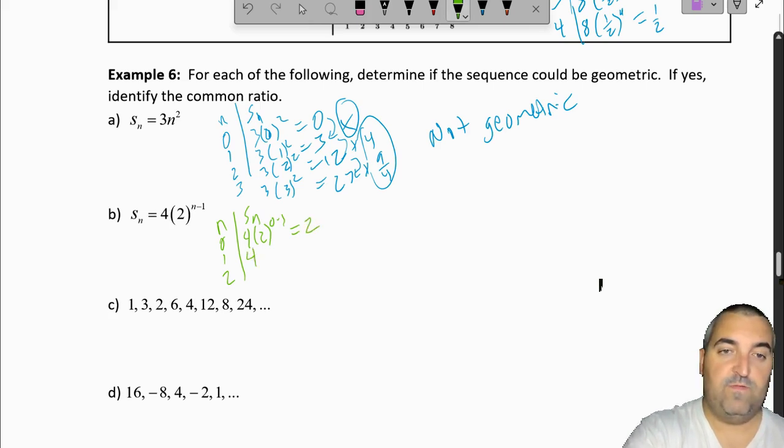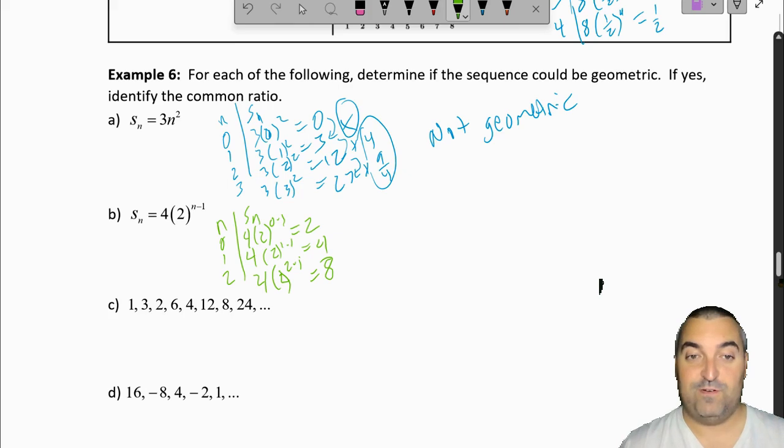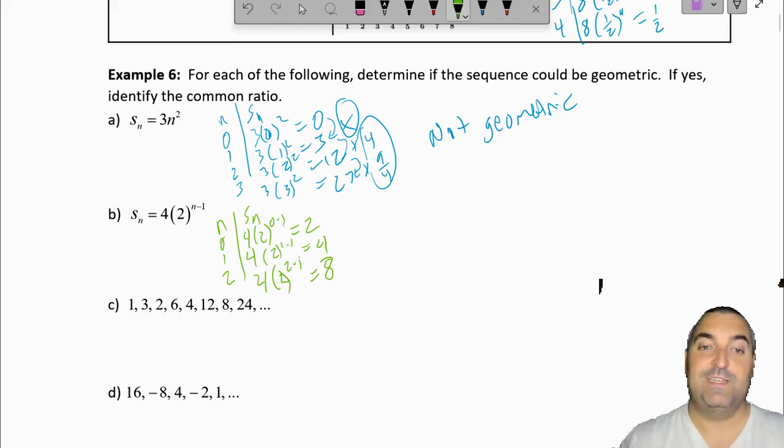Then I'm going to do the same thing: 4 times 2 to the 1 minus 1. So that's 2 to the 0, which is 1. So I get 4. And then 4 times 2 to the 2 minus 1. Well, that's 2 to the first, which is 2, times 4 is 8.